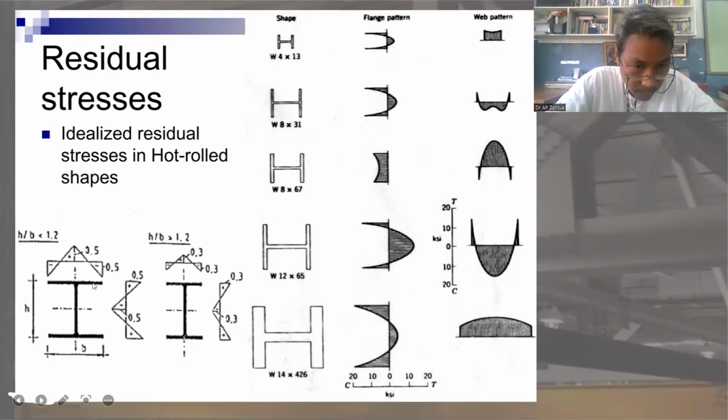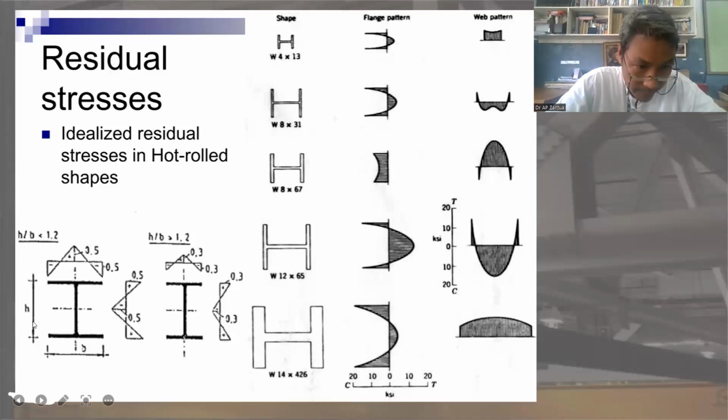Here, for example, there are two examples of W type shape. In the first part, we have H over B less than 1.2. What do we mean by H?